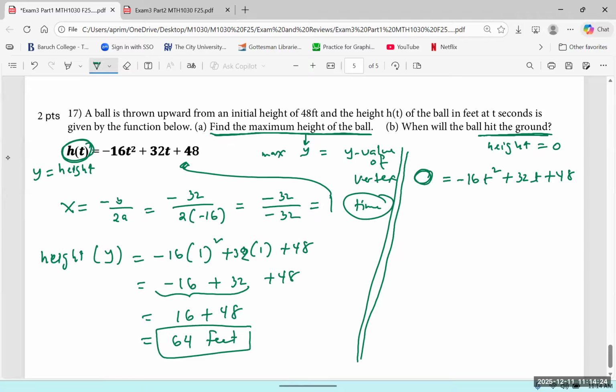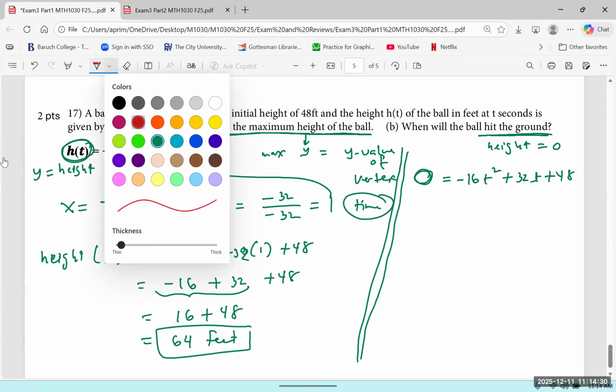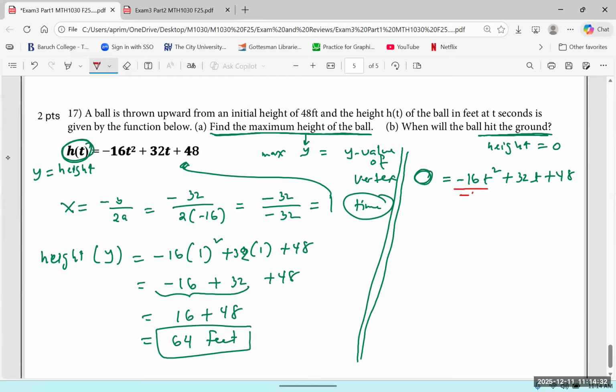So when you solve for t, your goal is to look for factoring. Is it factorable or not? Since we have a negative 16 in front of t squared, can you divide everything by negative 16? If it's in the non-calculator portion, it will be divisible by something.